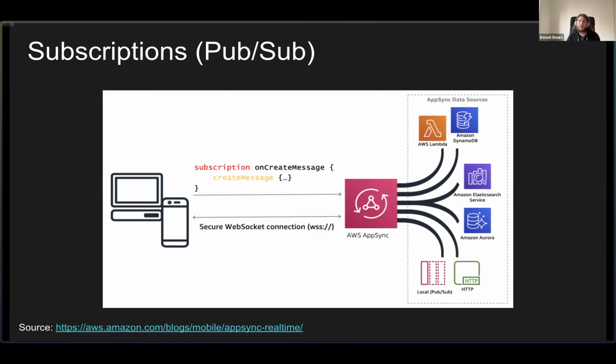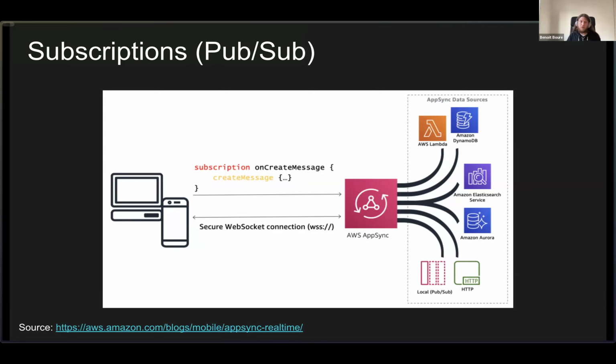So again, in the case of the example of the chat application, if I am in the chat group, I send messages, but I also want to receive messages in real time that other users send. I also want to receive notifications maybe on my phone. So subscriptions allow you to do that.